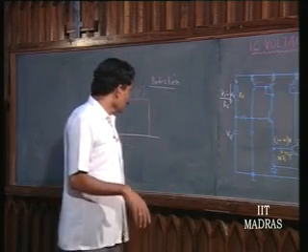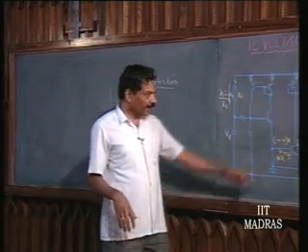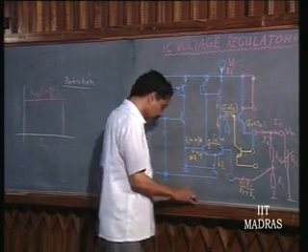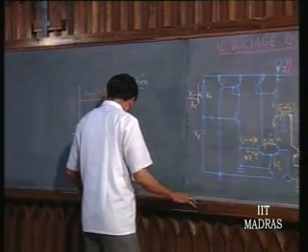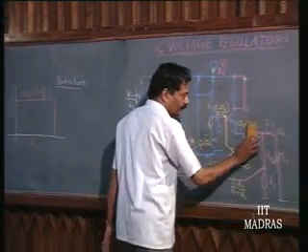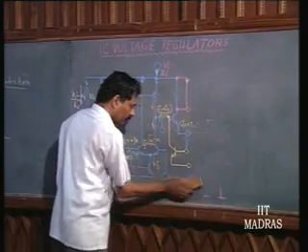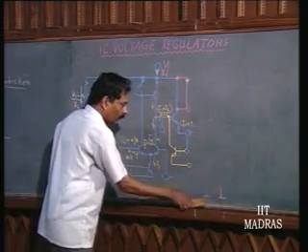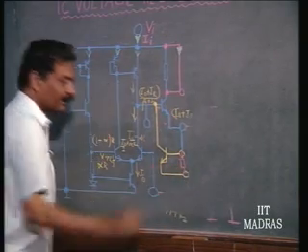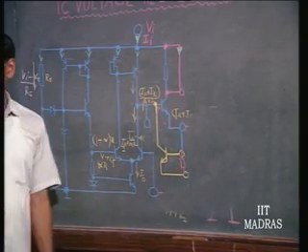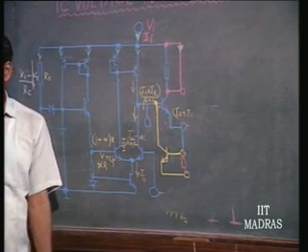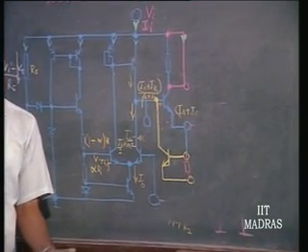So, current sense is done. These are terminals for sensing the current. How do you sense a current? The current can always be sensed by using a series resistance. Now, if I want to limit the current, I can as well put a series resistance, but that is a bad way of doing it.